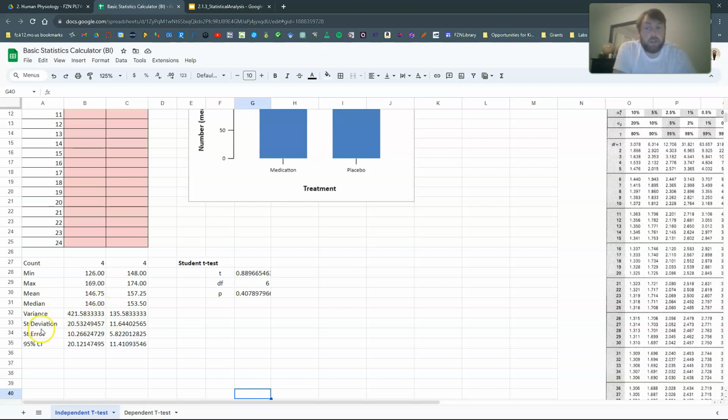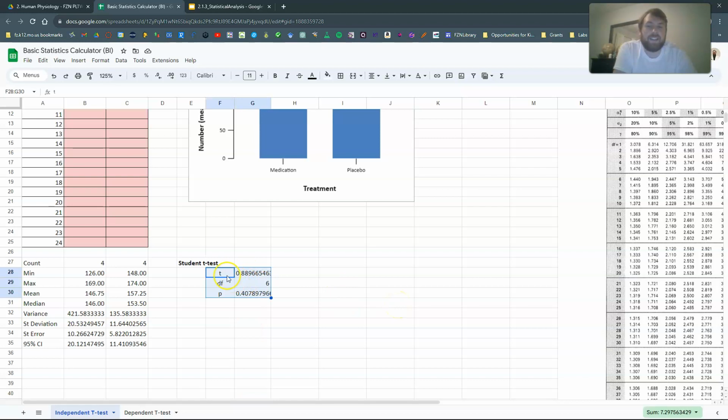The variance is calculated, the standard deviation is calculated, standard error is calculated, basically how wide a margin are we allowed to accept for our due to chance for each group here. And the confidence interval is just basically the standard deviation compared to the 95% that we really want to see.